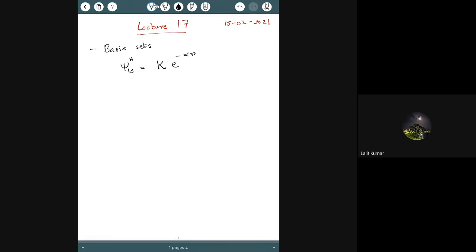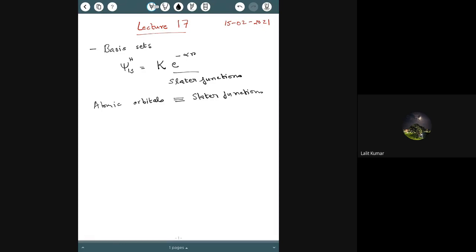And so functions of this form, which is an exponential with a negative sign, are called Slater functions. So we know that atomic functions or atomic orbitals are Slater functions. They're also called Slater orbitals or Slater type orbitals.